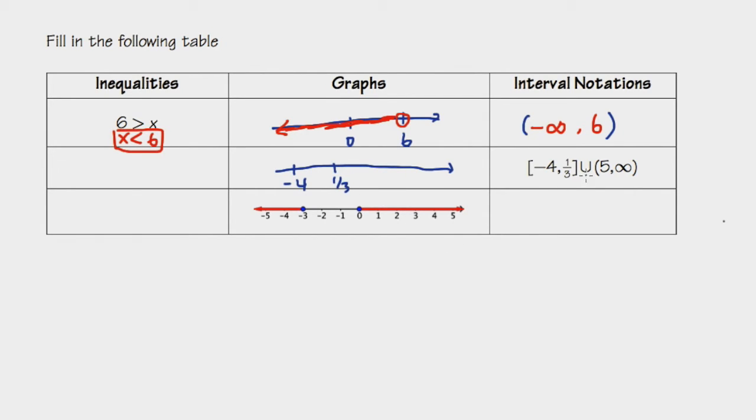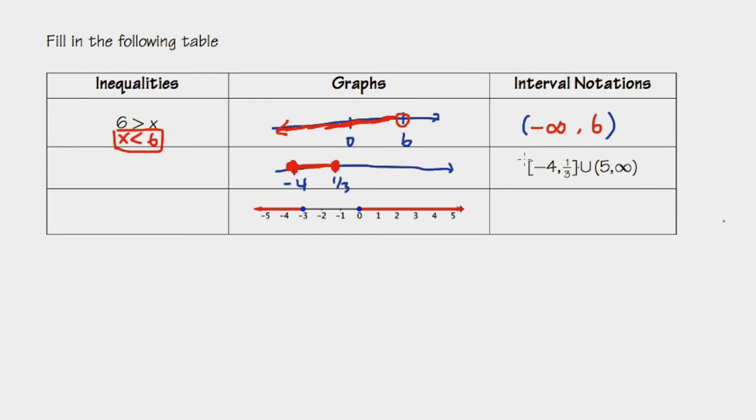This is a square bracket, this is also a square bracket. That means we will include -4 and we will also include positive 1/3. So we are going to use a closed circle right here and a closed circle right here. This is the left endpoint, this is the right endpoint, and we have our first interval in between like this.